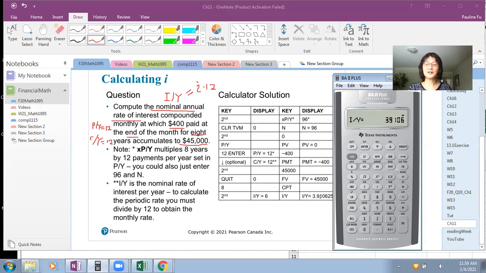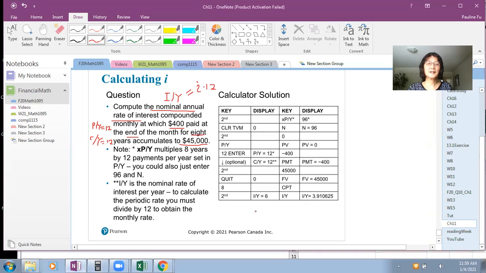That is 3.9%. So that is the nominal annual rate. If the question asks you what the periodic interest rate is, you use this nominal annual rate divided by 12, and you get the periodic rate. So read questions carefully. All right, so that is the calculator method.